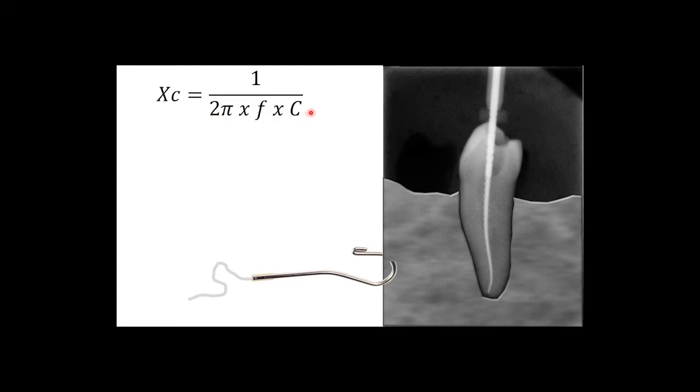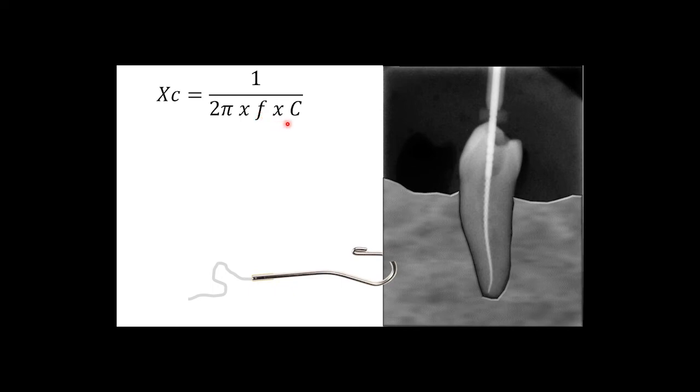The impact of this is that if you have a very low capacitance, the frequency will have very little impact on the overall capacitive reactance. But as your capacitance increases, changes in frequency will become more important.